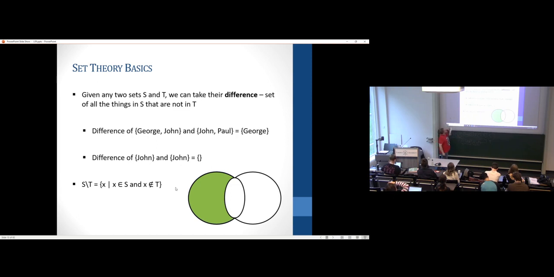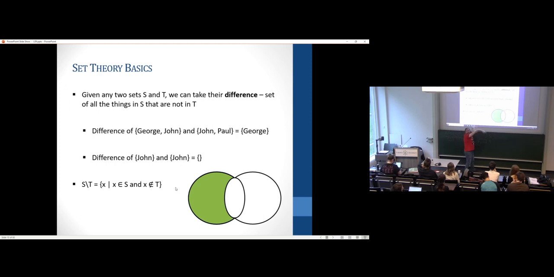So if we look at our first example, you've got the set George and John, and you want to remove the overlap here, which is just John. So all you're left with is the set with just George as a member. Yes. Why not Paul? Good. So importantly, it's always left to right. We're doing the difference of this one once we take away the other.